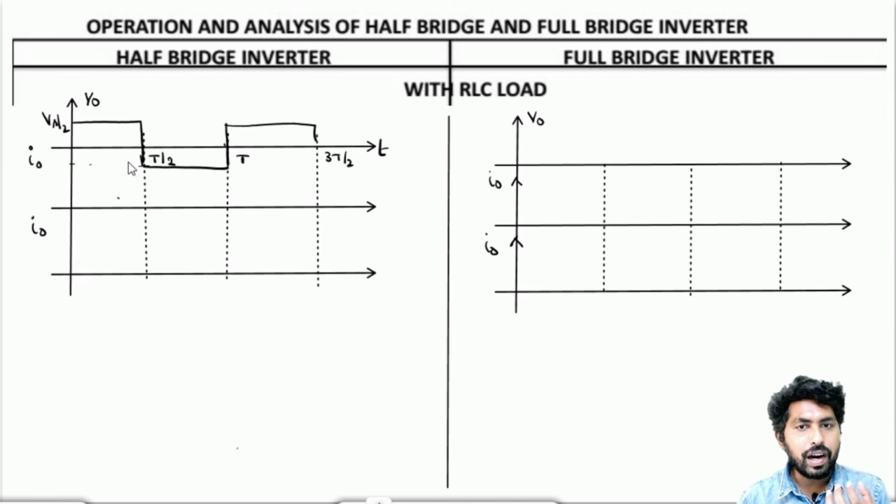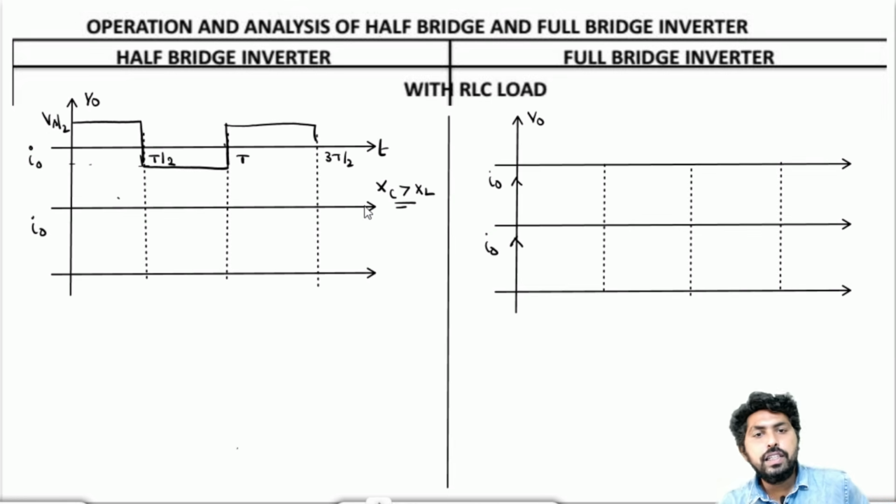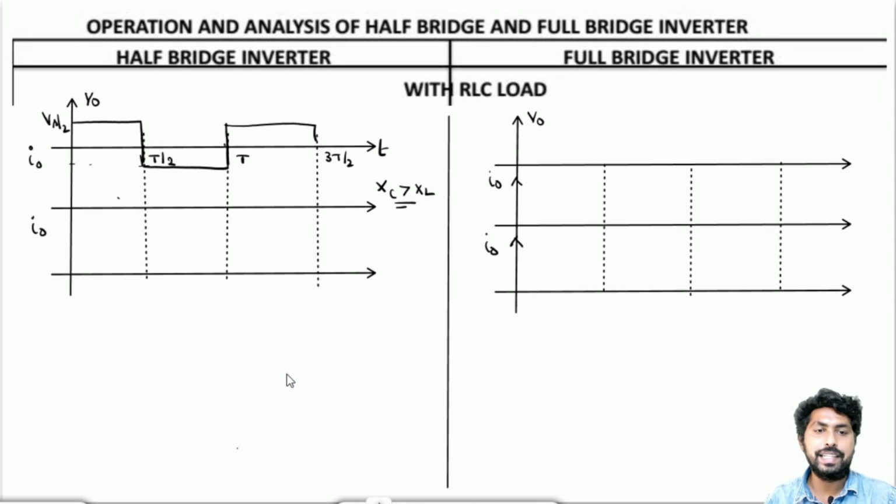In case of RLC load, we should consider two cases. Let me take the first case, Xc is greater than XL. What happens if Xc is greater than XL?